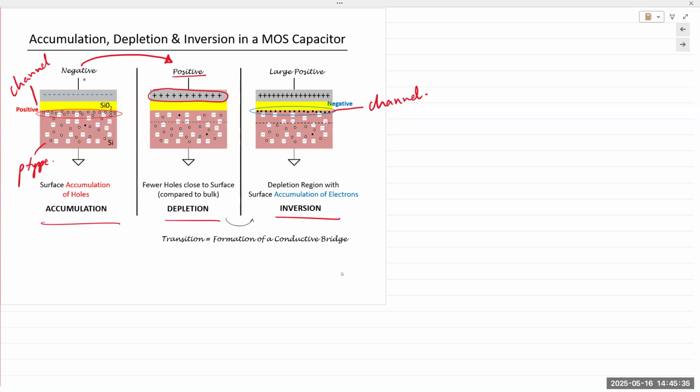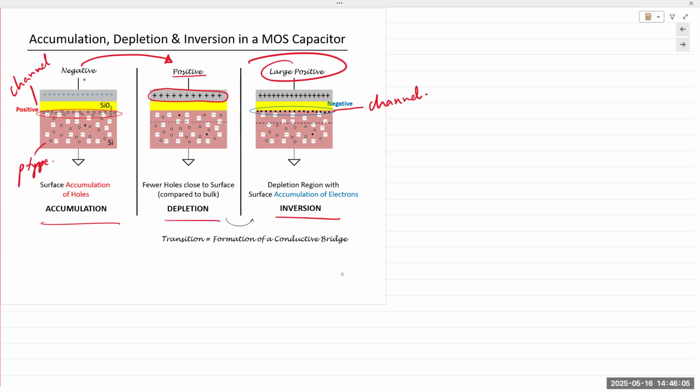During that crossover period, we say it's the depletion region because it's completely depleted of all charge carriers. Holes are being pushed down and electrons are being pulled up, but somewhere around there, it's completely devoid of all charge. So there's no channel in there, neither positive nor negative. And at some point, the voltage turns largely positive.